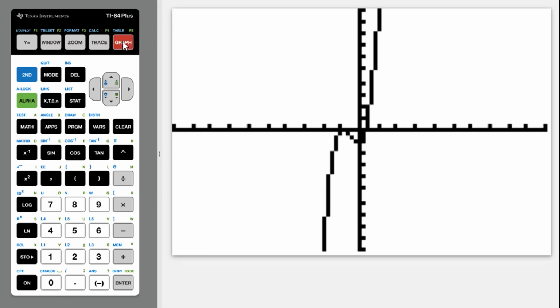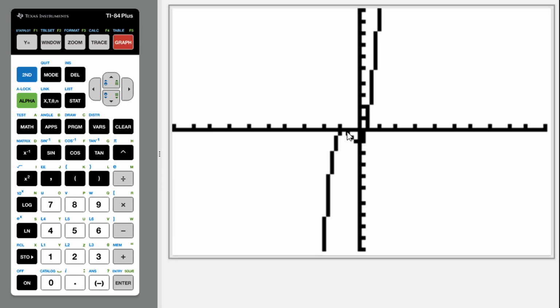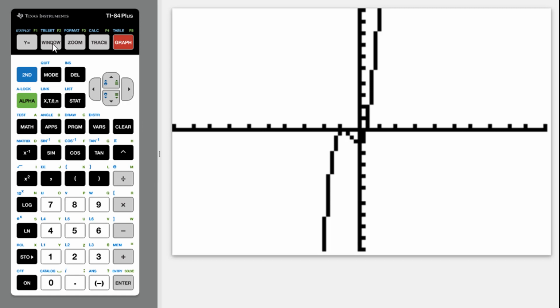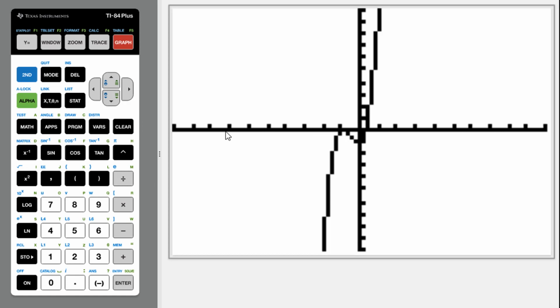Then graph. You could say this is so unclear. You need to change the window. We can make the y-axis smaller, or we could enlarge this part. For the x-axis, we can enlarge this part, make it small, like -2 to +2.